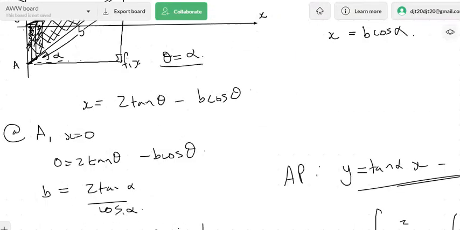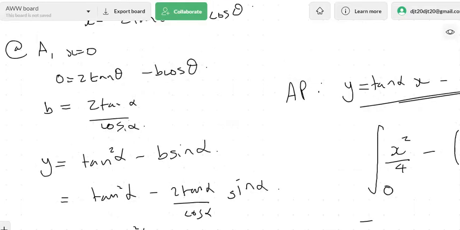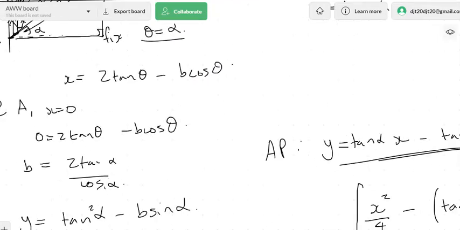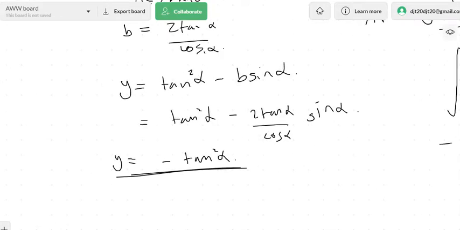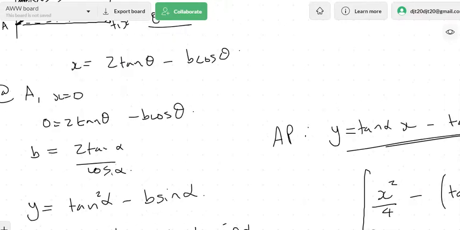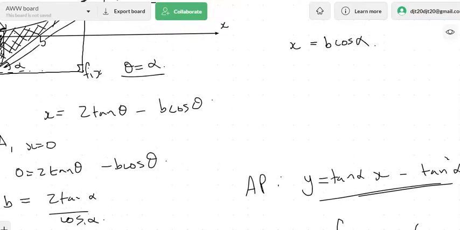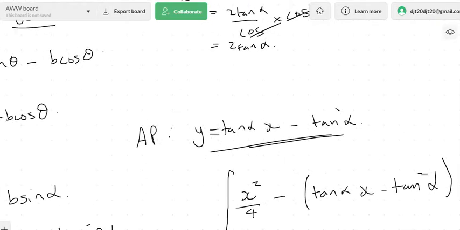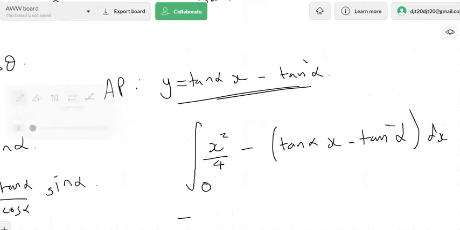And we decided what b was before. B was 2 tan alpha over cos alpha. So 2 tan alpha over cos alpha times cos alpha. Obviously these cancel, giving 2 tan alpha. Okay, so that's the top.